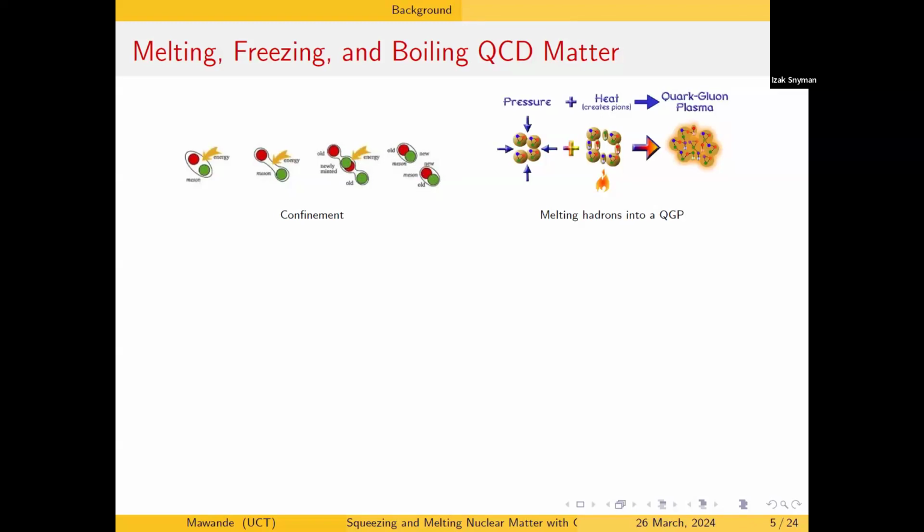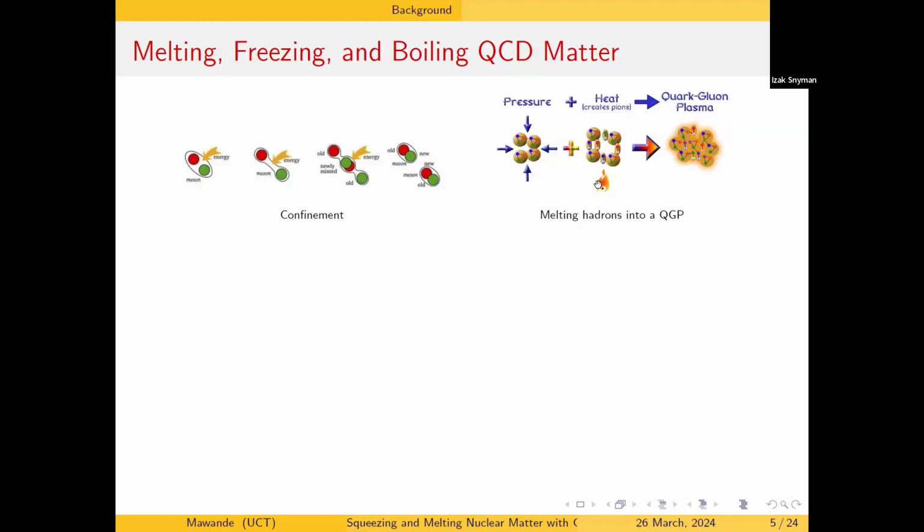But there is a way that you can get them liberated, and that's by squeezing the matter up, because it turns out quarks have a phenomenon called asymptotic freedom.